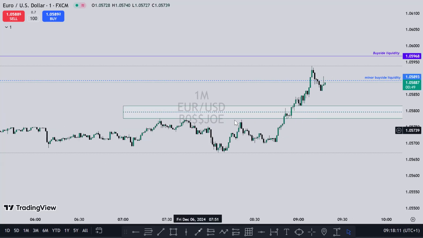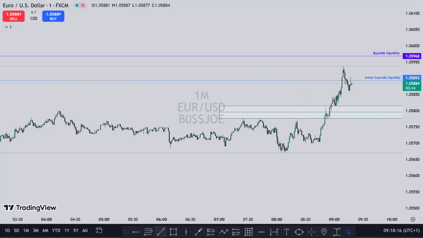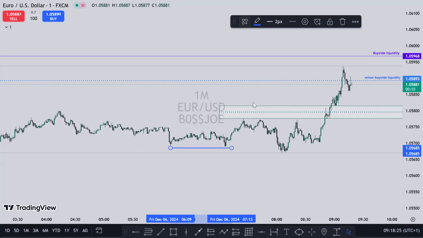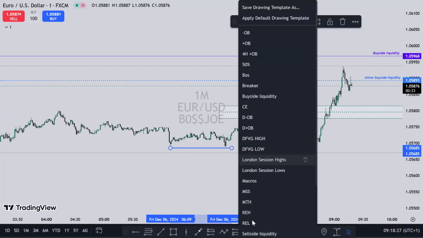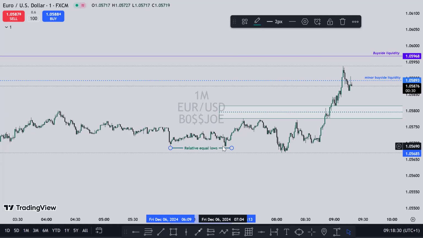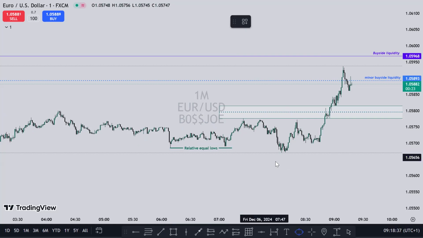Let me explain. You see these relative equal lows right here. Are you seeing this? Yes. This low, these two lows, relative equal lows. This low was cleared with these actions.